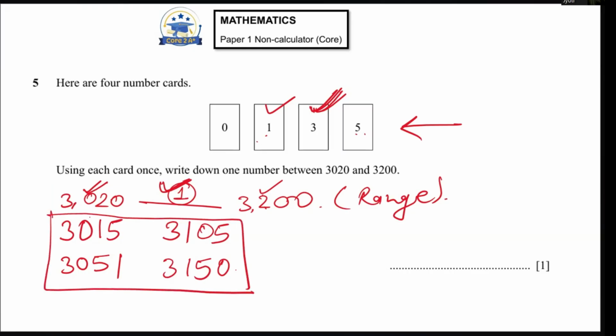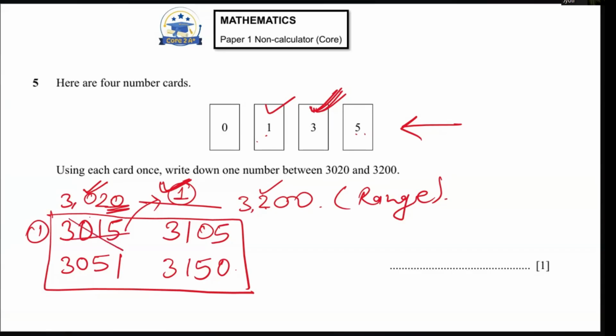Now, this is not your answer. See, here is the range which is given. The range must be from 3020. And if you look very carefully, the first option is not in the range, because the starting number is 3020, which is bigger than this one.